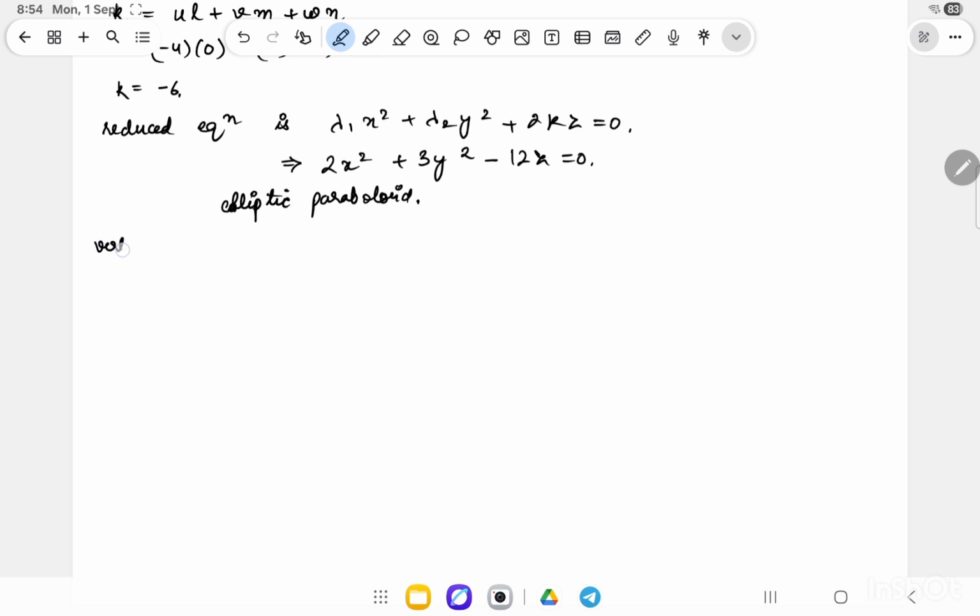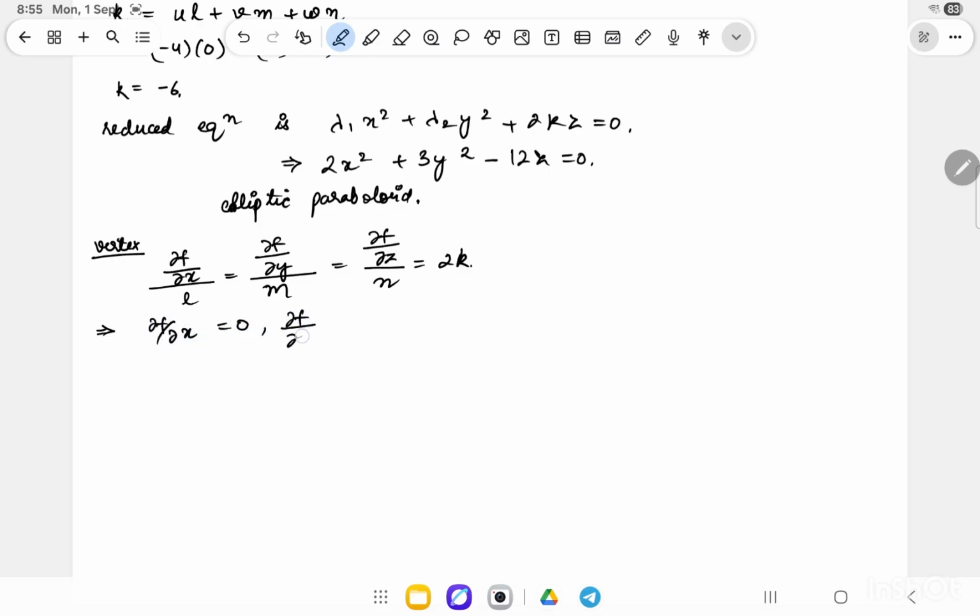I can calculate the vertex using del f by del x divided by l, equals del f by del y divided by m, equals del f by del z divided by n, equals 2 times k. If I substitute the known values, del f by del x is 0, del f by del y is also 0 because l and m are 0, and del f by del z will be 2 into k, which is minus 6, and n is 1. So that is minus 12.